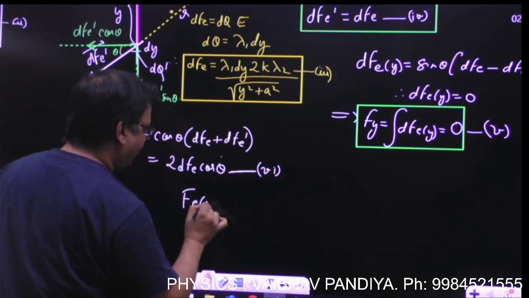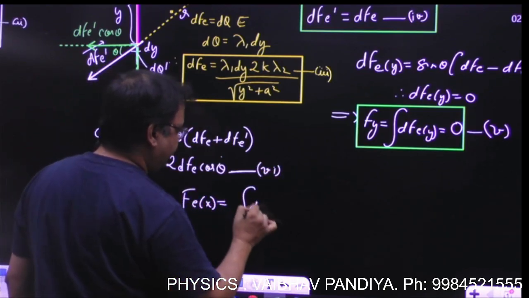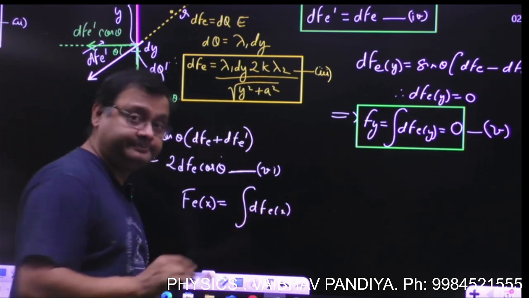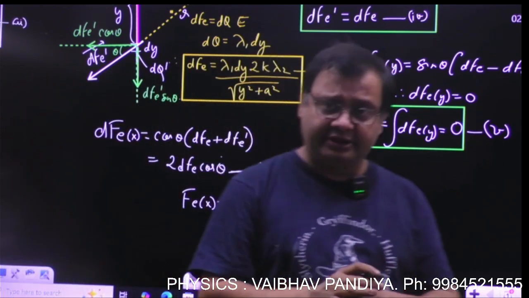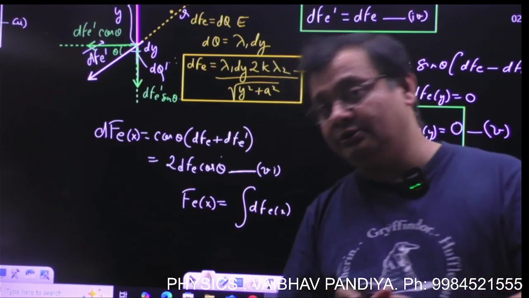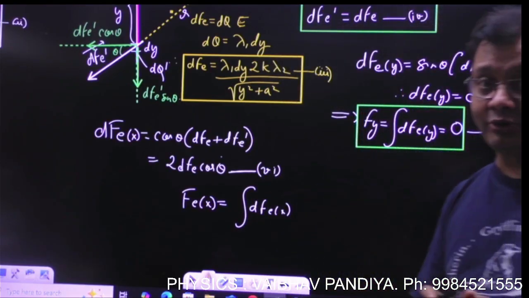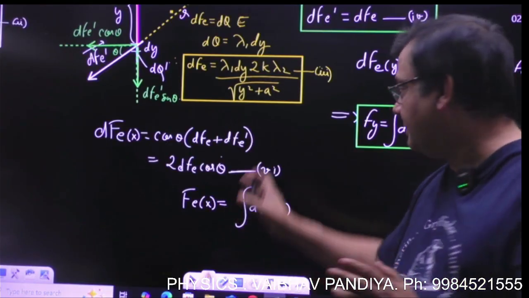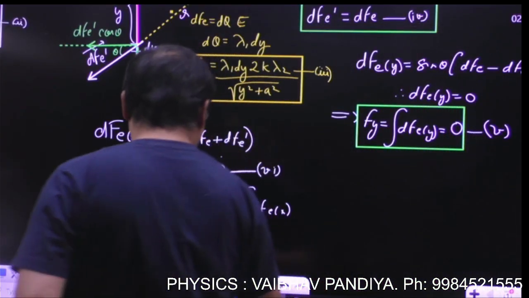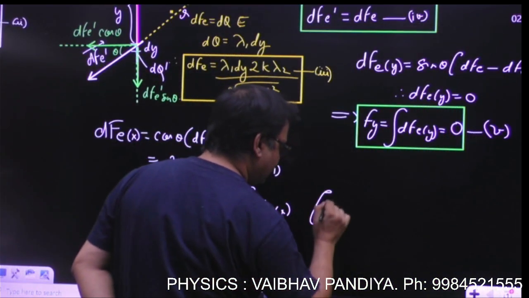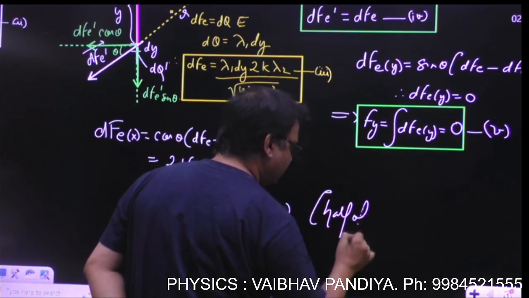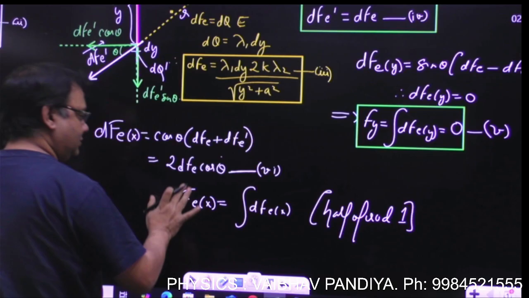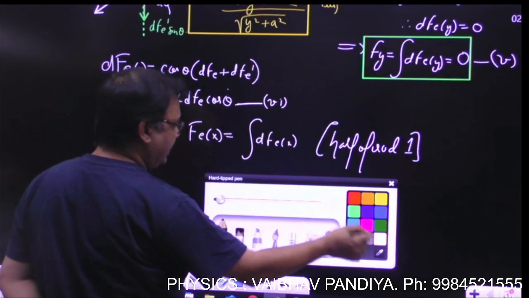Now if you want to find FEx, it will be the integral of dFEx. Just think, when you integrate, whether you need to integrate the complete rod 1 or half of rod 1. Of course you need to integrate half of rod 1 because you are simultaneously taking two elements.